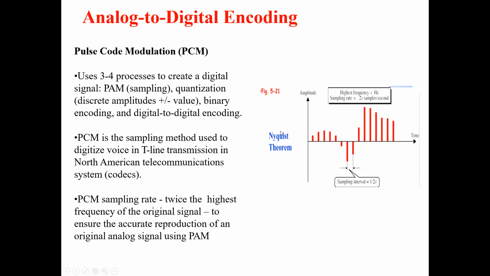It is also known as the minimum sampling rate. If the highest frequency is x, then the sampling rate must be 2x samples per second. This is the Nyquist theorem in pulse code modulation.